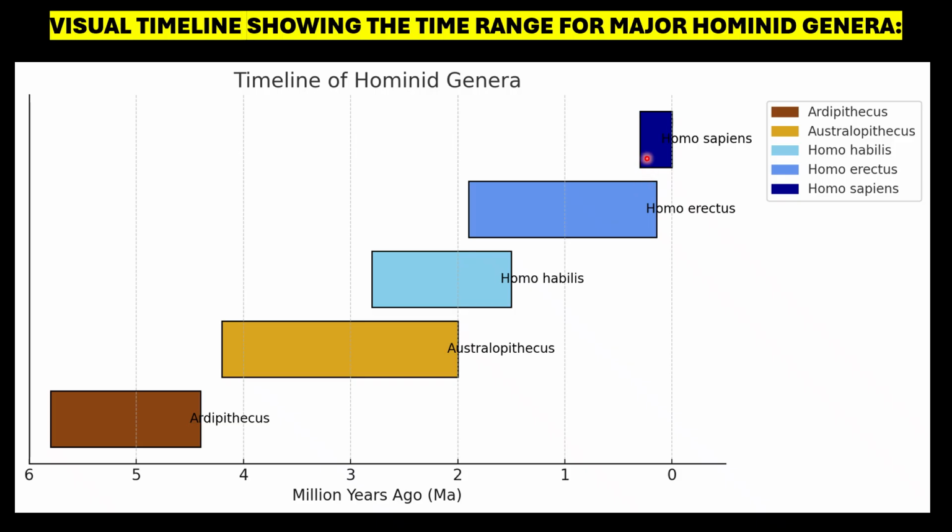In other words, Homo sapiens and Homo erectus lived at the same time. However, Homo erectus existed alongside Homo habilis and Homo sapiens. And at one point, Homo erectus was living side by side with Homo sapiens and Homo habilis.